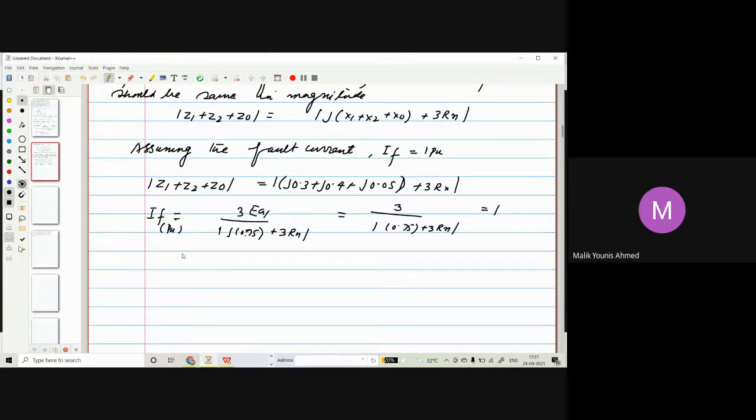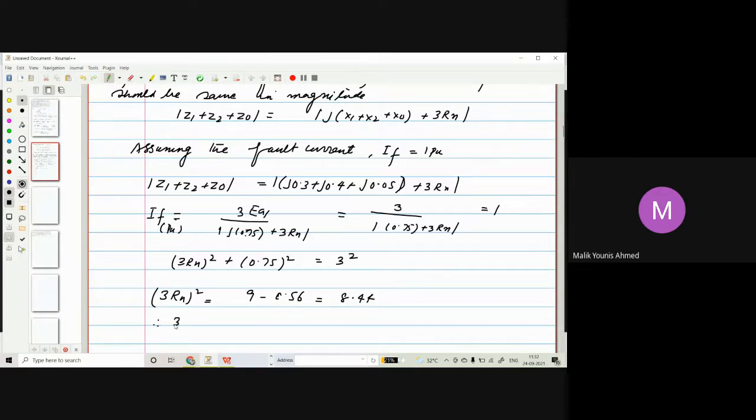So we can solve the modulus. Modulus can be solved like this: 3Rn whole square plus 0.75 whole square, because we are taking magnitude, will be equal to 3 square. So 3Rn whole square will be equal to 9 minus 0.56, which is 8.44.